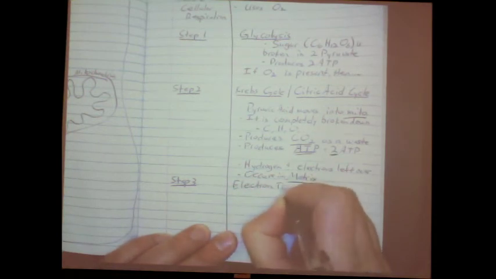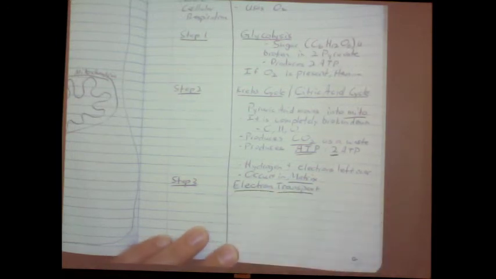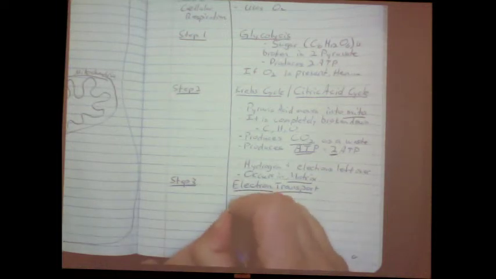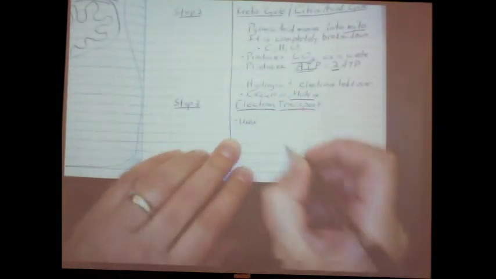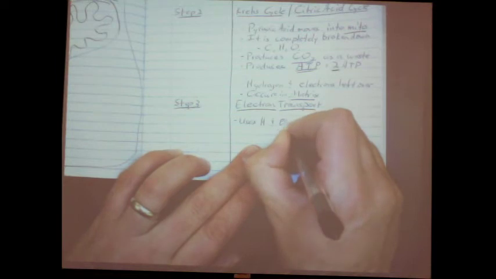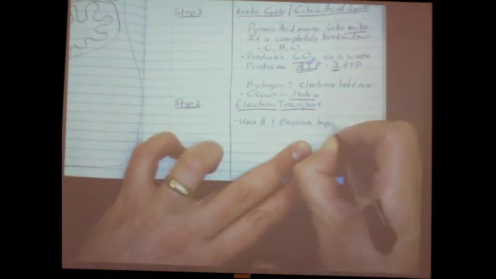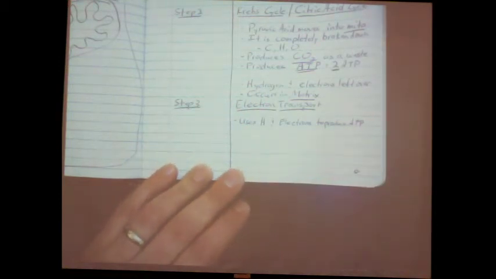And with electron transport, it's going to use those hydrogen and those electrons to produce ATP. So, uses, move this up so you can see it a little bit better, hydrogen and electrons to produce ATP. How does it do that?